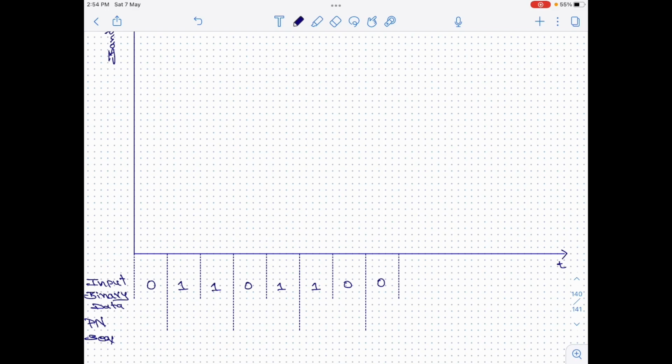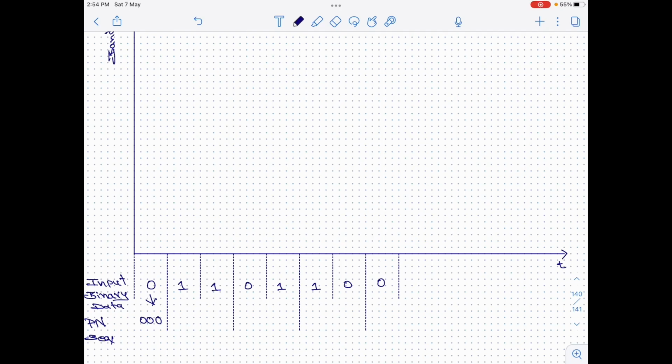So, here I have to now associate one PN segment of length 3 with each of the input binary data. Remember, we are supposed to take the PN segment as what is generated in the part B of the question. If you go back and check the part B of the question solution, you will find the first 3 bits of the PN sequence are 0 0 0. So, I will write that under this interval.